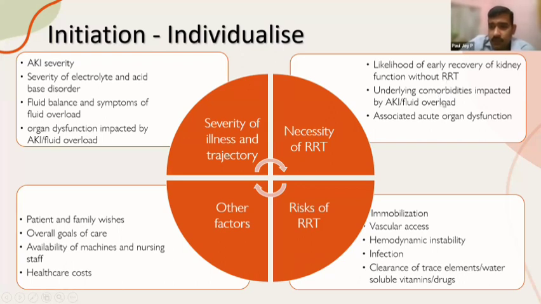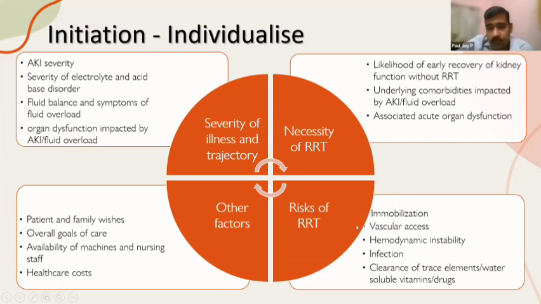And we need to look at the underlying comorbidities also. In a very elderly patient with low lung compliance and heart failure, we may have to initiate early. And we need to look at other acute organ dysfunction also, like the presence of acute hepatitis and pancreatitis. They may need dialysis at an earlier time, and we may not wait for the standard indications to appear.